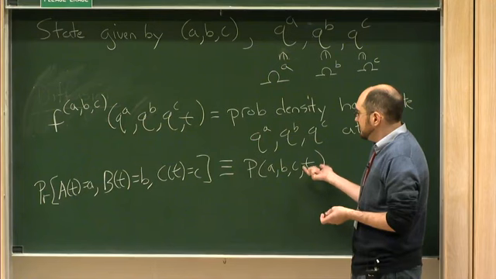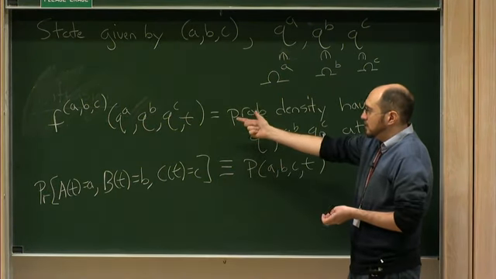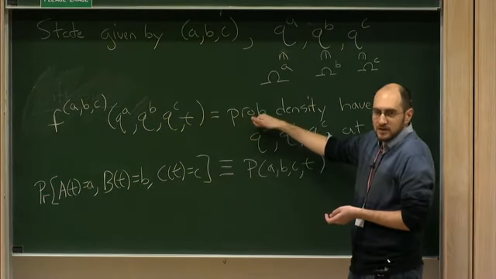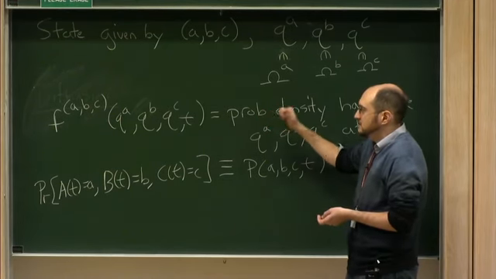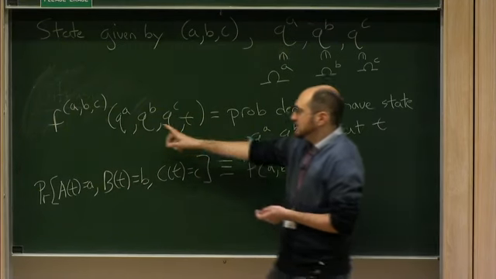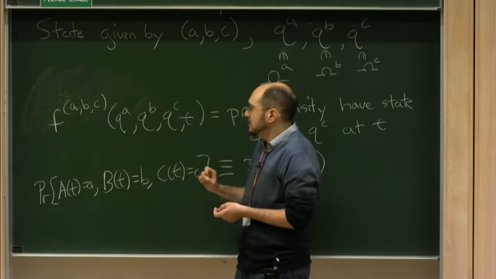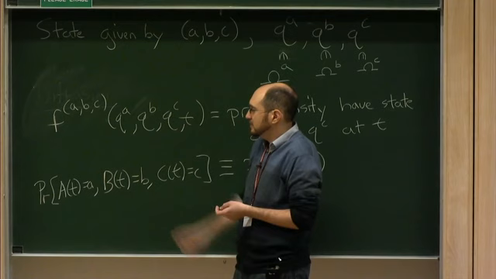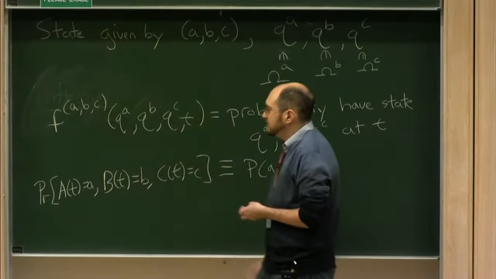What we would naively think is it's just the integral over all QA, QB, QC of this. But because I assumed molecules are indistinguishable and that I'm going to think of this as a symmetrized density, where you can flip two components of it, we're going to get a slightly different normalization.